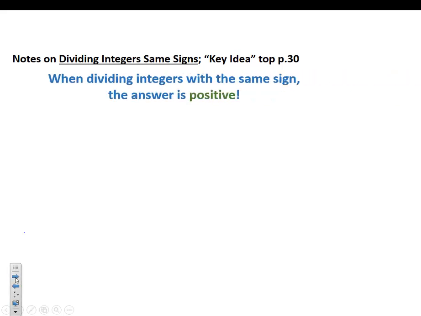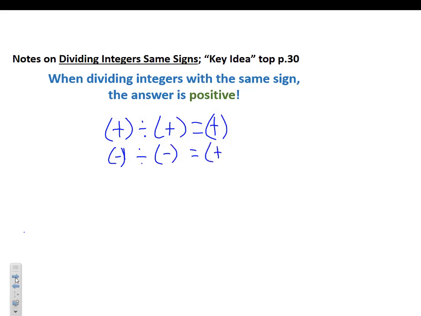When dividing integers with the same sign, the answer is positive. So we have a positive divided by a positive will give us a positive answer. And when we take a negative integer and we divide it by another negative integer, our answer again will be positive.